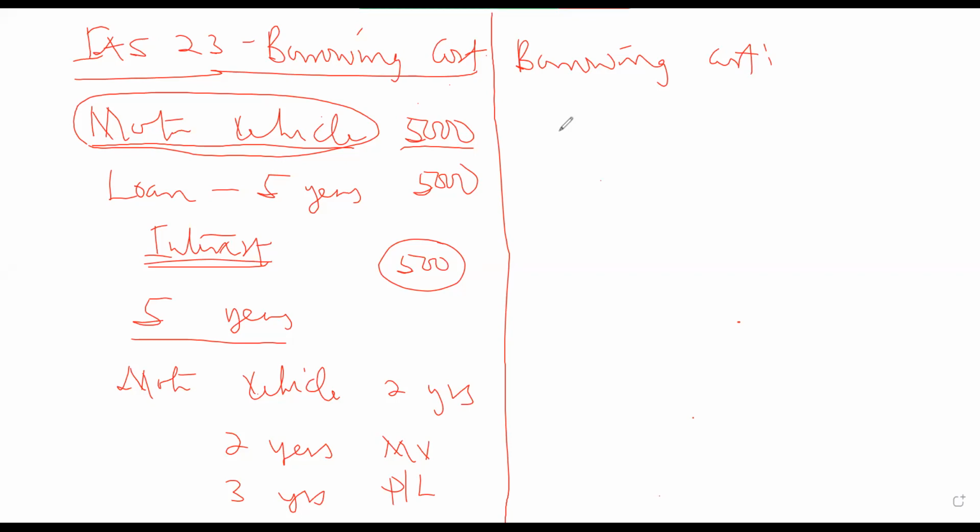Okay. So we are saying that borrowing cost. If you are saying borrowing cost, any cost that you are going to incur to obtain a loan, or any cost that you are going to incur as a result of you going for a loan, or you going to borrow funds from a person. That is what we call the borrowing cost.